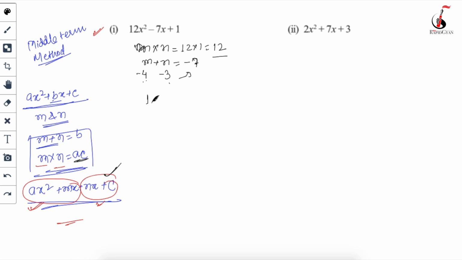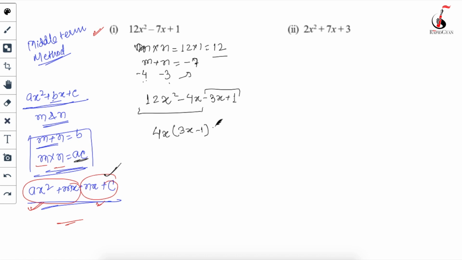Now write it in this form: 12x square minus 4x minus 3x plus 1. Very simple, correct? From the first two terms you can take 4x common, so here you will get 3x minus 1. From the other two terms, see here beta, in this bracket it's 3x minus 1, so you have to take something common from these two terms so that in the bracket you get 3x minus 1.